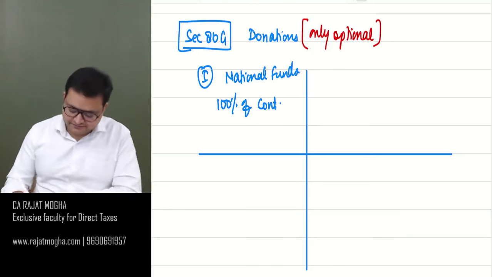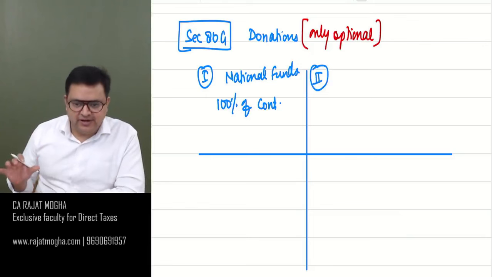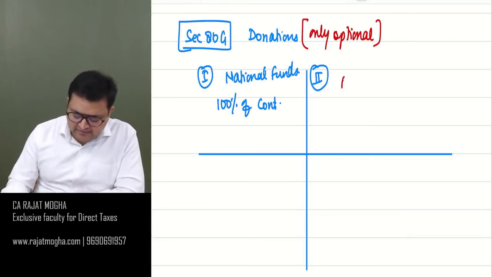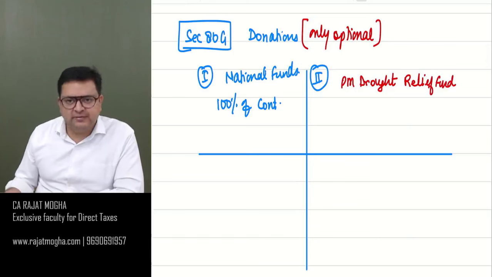Second, the area where you can donate, there is only one, which is called Prime Minister Drought Relief Fund. Only this one fund, so you can easily remember.